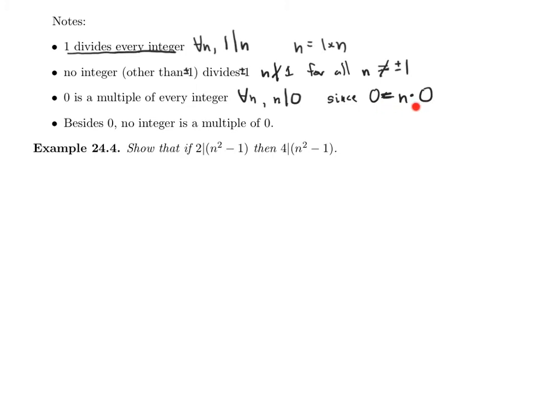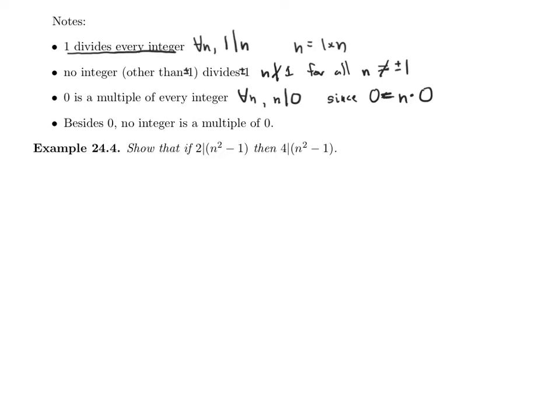So for any integer you like, you can write 0 as n times it, because 0 times anything is 0. So every integer is indeed a factor of 0, or you could say 0 is a multiple of every integer, or every integer divides 0.